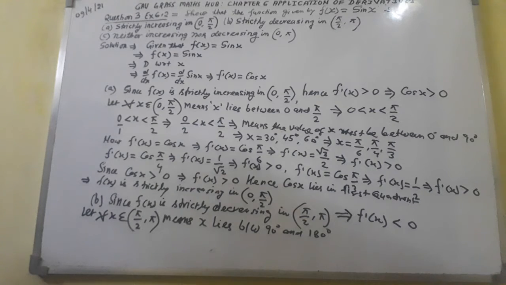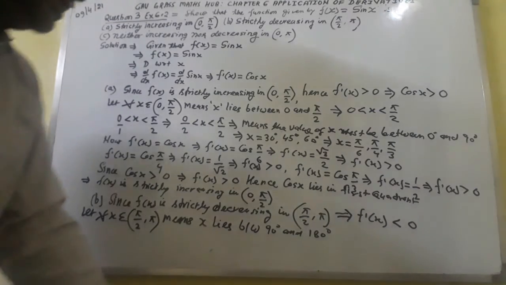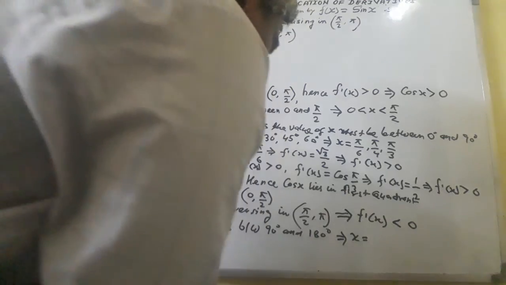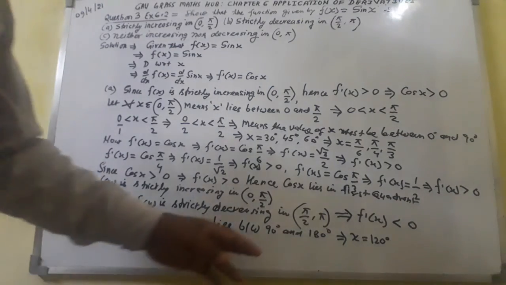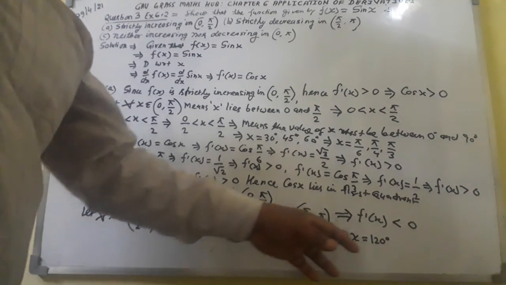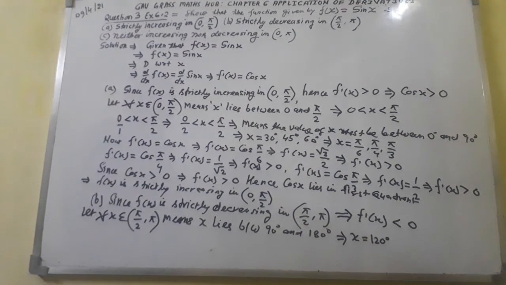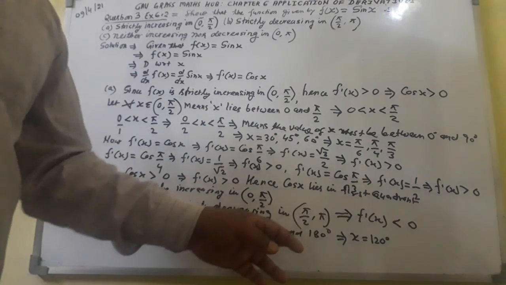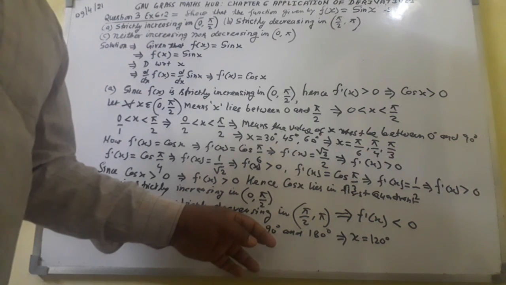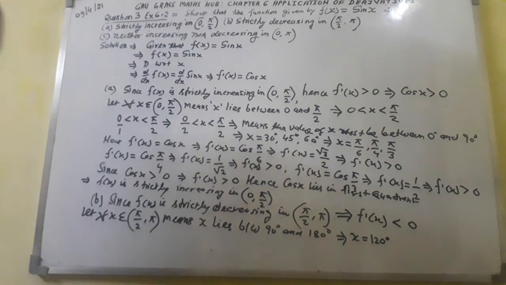So what value of x will be? Hence we shall get x equal to 120 degree, let 120 degree, because 120 degree lies between 90 degree and 180 degree, means in second quadrant.